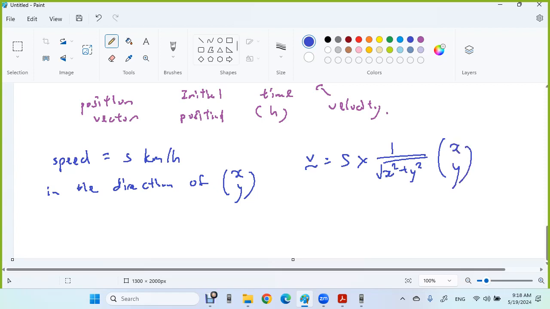So this combined is the unit vector in the direction of (x, y). This is for when the question doesn't give us the velocity, but instead gives us a speed and the direction. This is how we find the velocity.